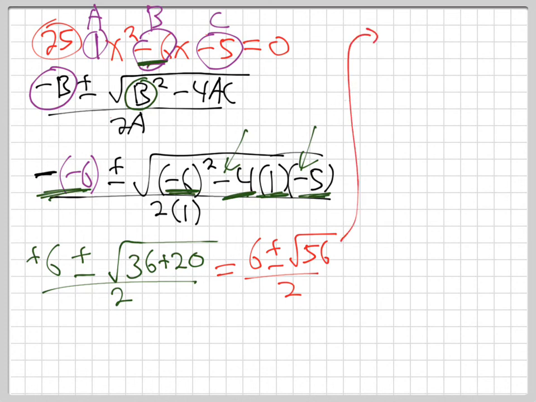Now, you need to take this 56 and break it down. Break it down with the factoring. Usually just use your calculator. 7 times 8, 2 times 4, 2 times 2.